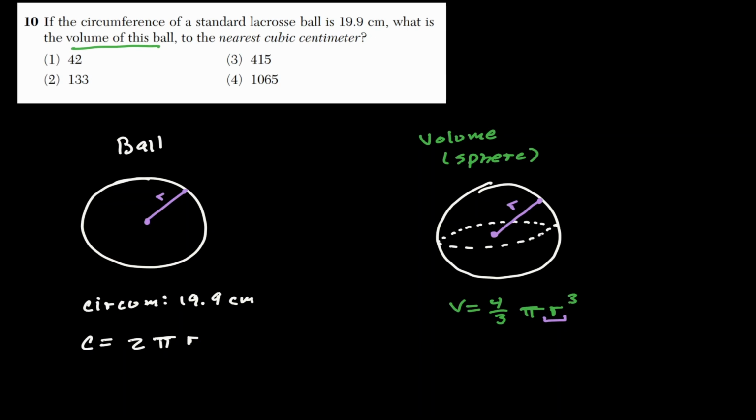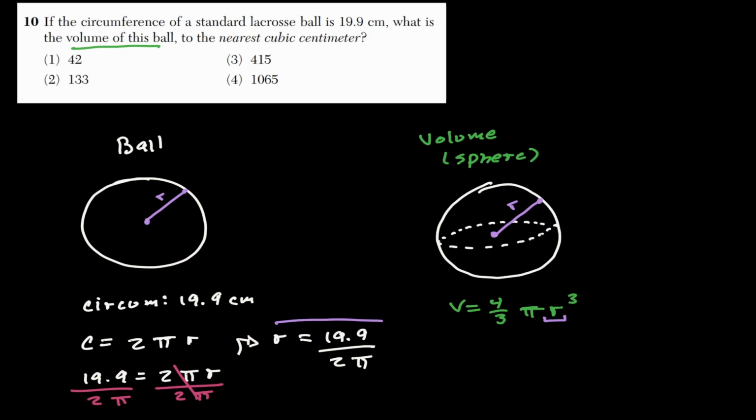Because for the circumference, we know that it's 19.9. And now, if we divide by 2 pi on the left and the right, we obtain that the radius is 19.9 divided by 2 pi. So now let's get this expression for the radius and plug it into our formula for the volume, and we should be done.